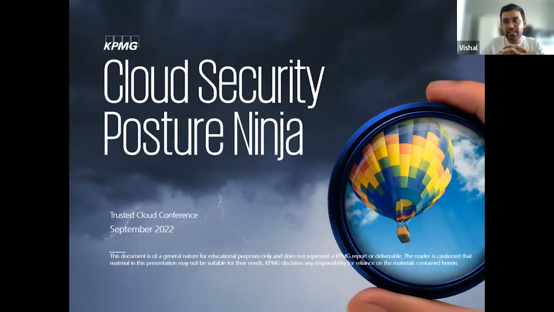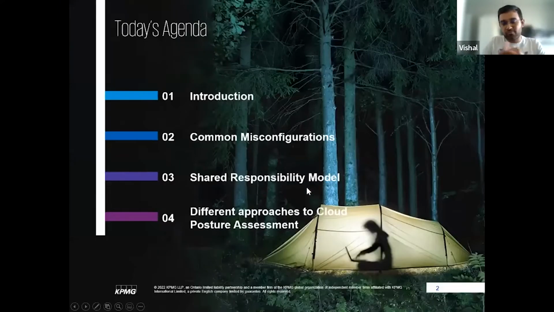As part of that, today we are presenting this talk on cloud security posture ninja. What we are going to talk about is how you can do cloud security assessments and what the different approaches are.